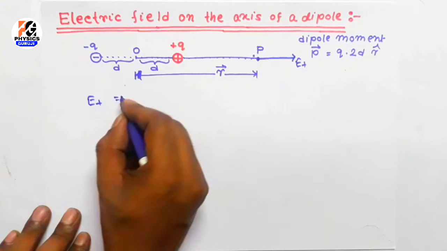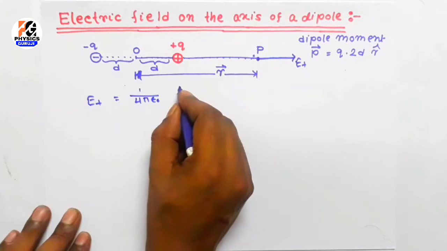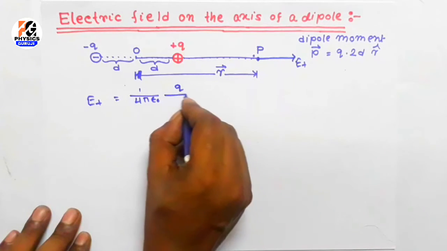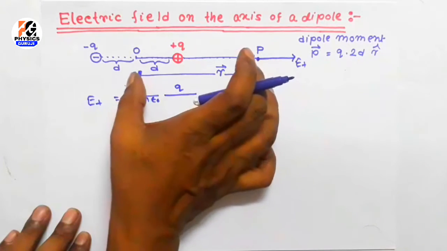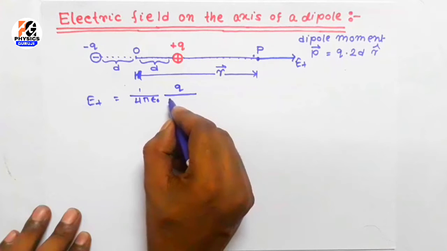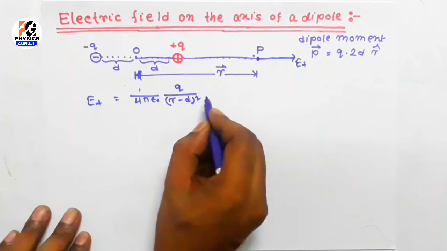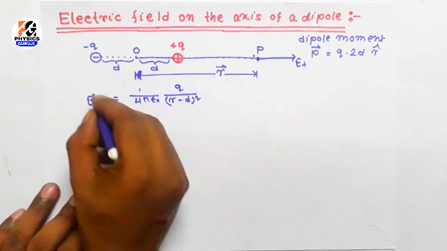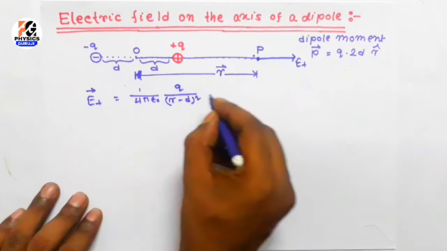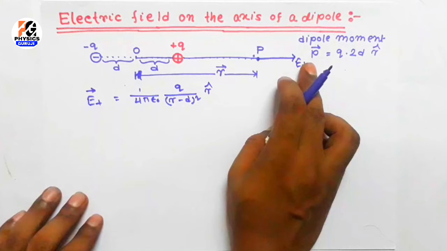E plus is equal to 1 by 4 pi epsilon 0 into q by the distance between them, which is r minus d, whole square. Okay, so this is the electric field. In vector notation it is r cap, that is, the direction is in this way.